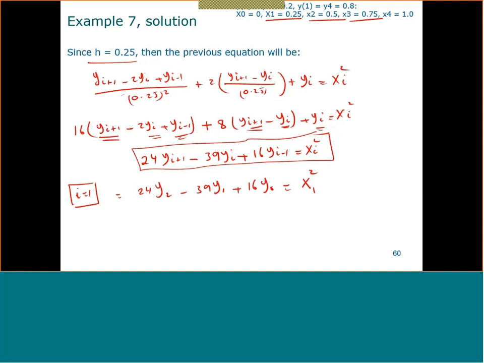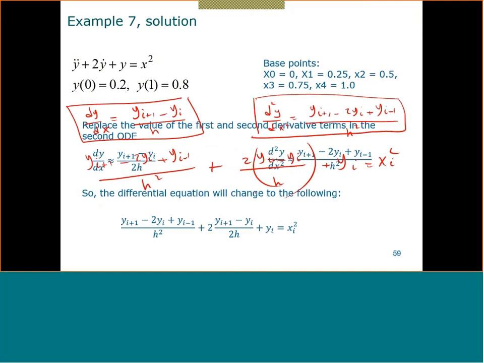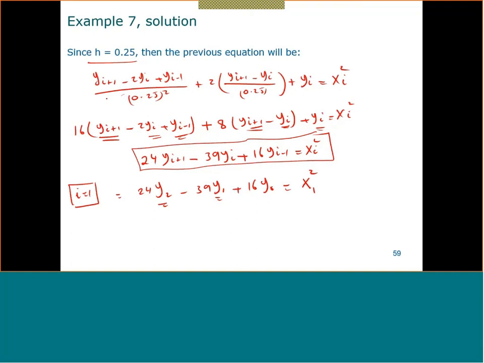Now y2 is unknown, y1 is also unknown to me, but y0 I know. y0 is 0.2. So this is one of the initial boundary conditions.